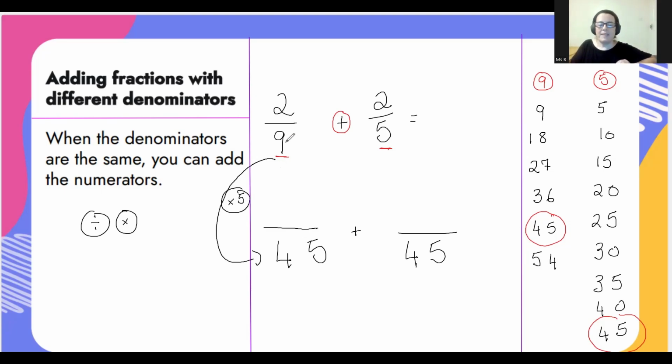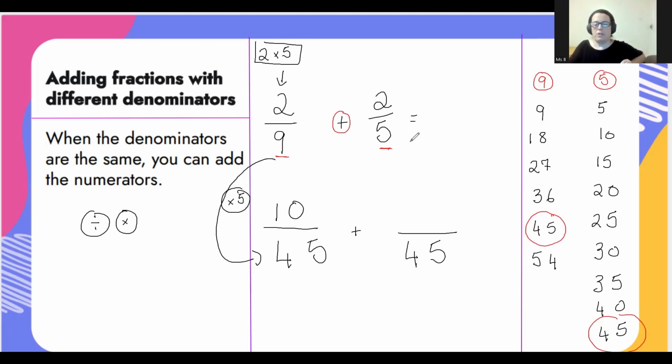If I multiply my denominator by 5, that means I have to multiply my numerator by 5. So 2 times 5 is 10. So 2/9 is the same as 10/45.